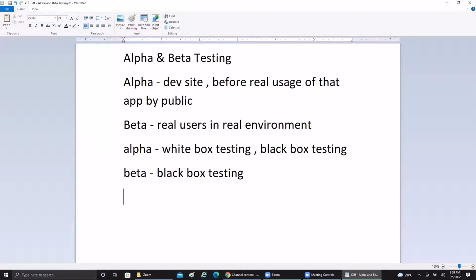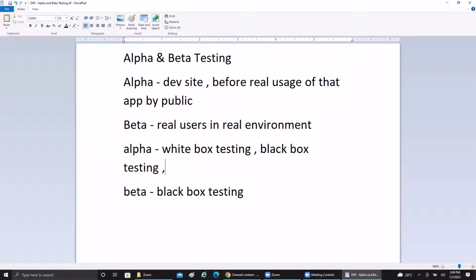Okay. And then alpha is performed by the testers, basically, who are the employees of the organization.